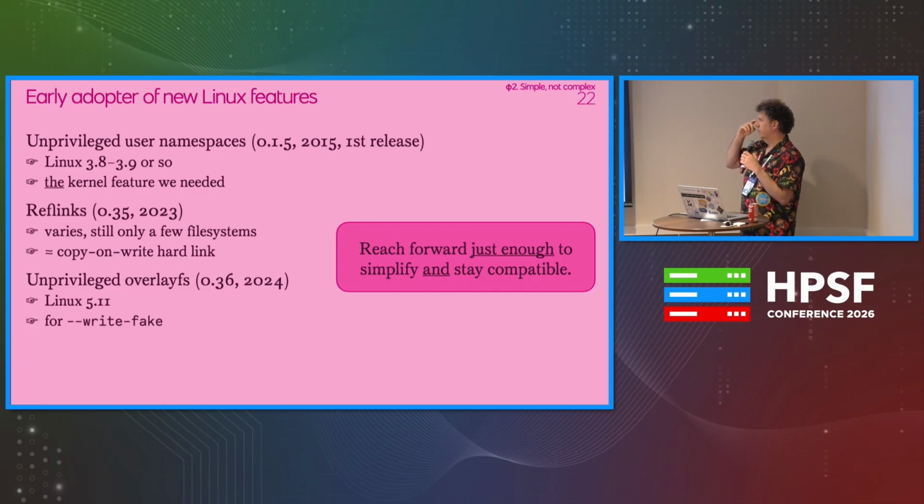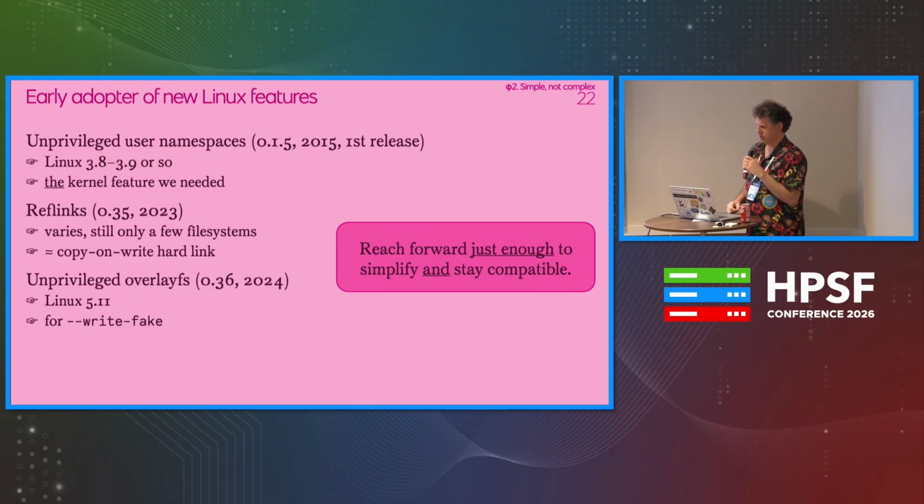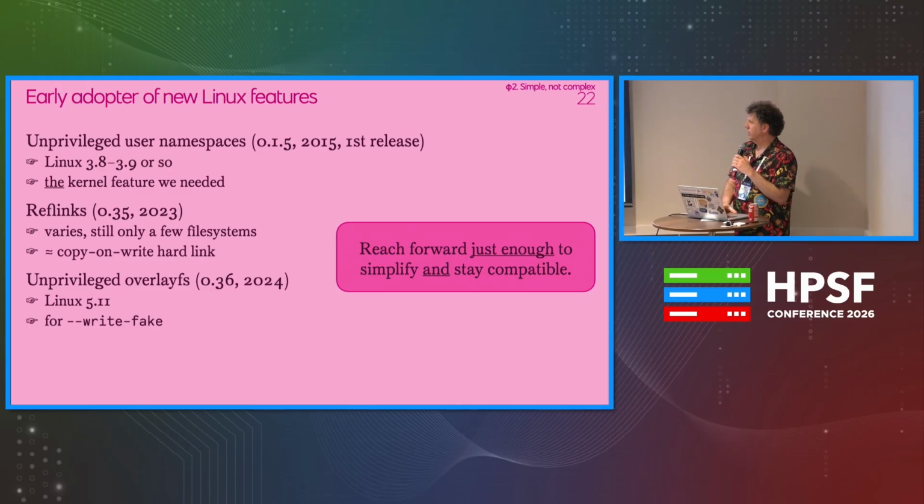Like when we first were using unprivileged user namespaces, we had to get a custom image for the supercomputers because TOSS version whatever didn't have the right kernel at the time, right? But it was clear that it was coming, and this was the way to do it. And now it's routine.